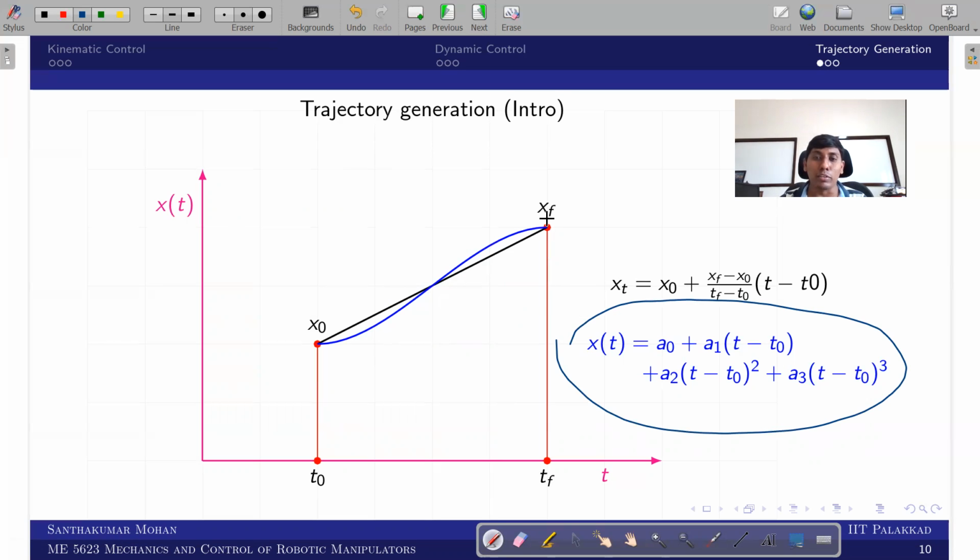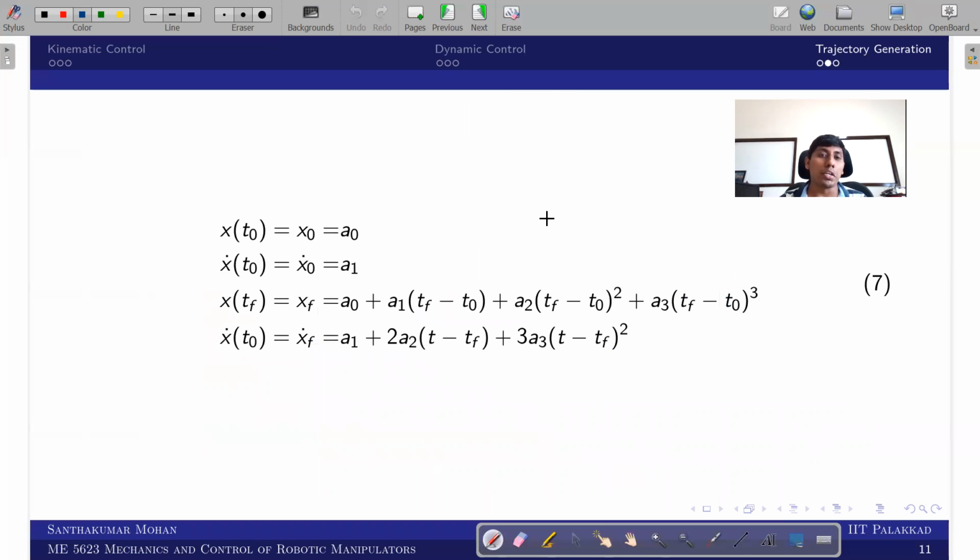So now you can go further. There would be four equations and four unknowns, a naught, a1, a2, a3. So now I have four equations where x naught is my initial position, xf is my final position, x dot naught is the initial velocity, and x dot f is the final velocity. This can be solved in a number of ways.